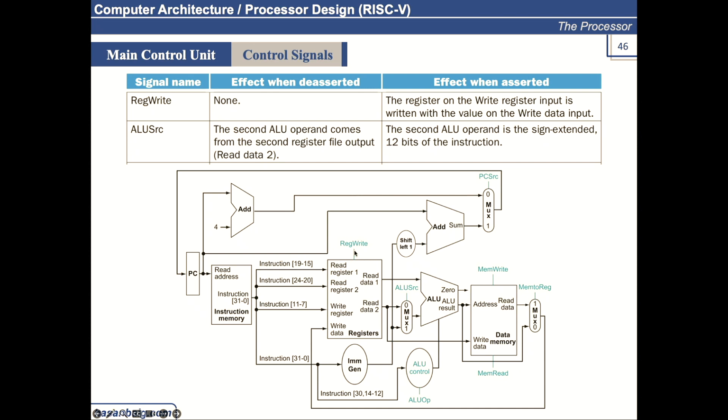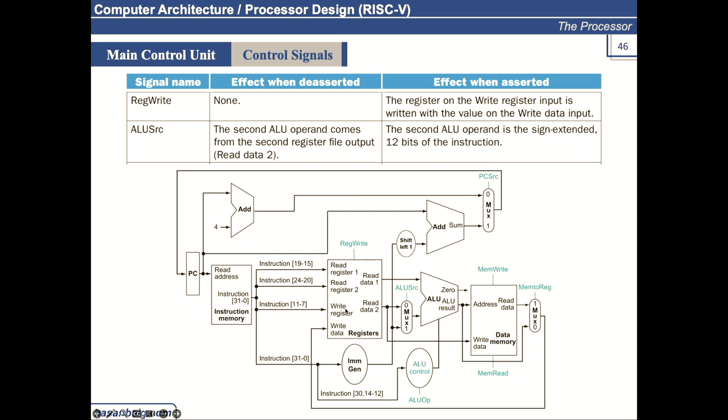But when it is asserted, when it is 1, we are writing data into the register file. Whatever the data at this port, it could be garbage data or meaningful data, it will be written into the register specified by this register number. Whatever the RD value we specify here, this data will be written at that address. Okay?